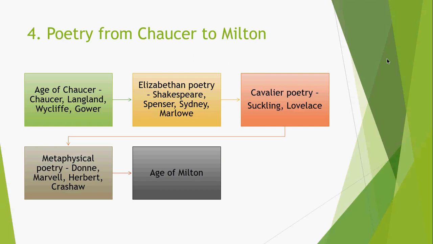Then in the last unit that we discussed in the class yesterday, we took up a survey of poetry from Chaucer to the time of Milton. While we were looking at this part of your syllabus, we studied how Chaucer has a very important role to play. He is considered to be the father of poetry in English, and therefore he occupies a very unique place, not just in his age, but in several ages to come.